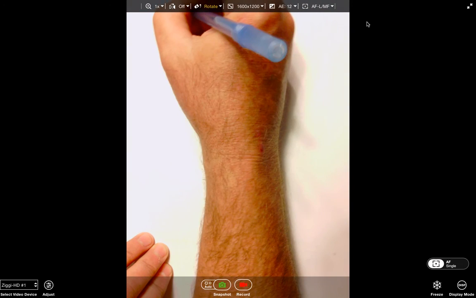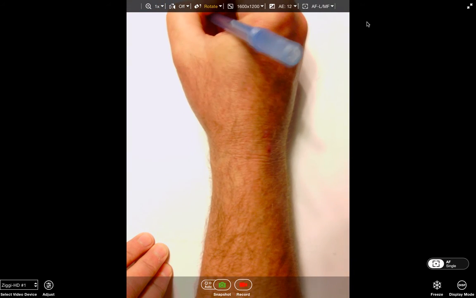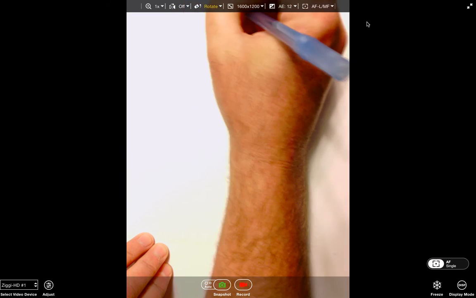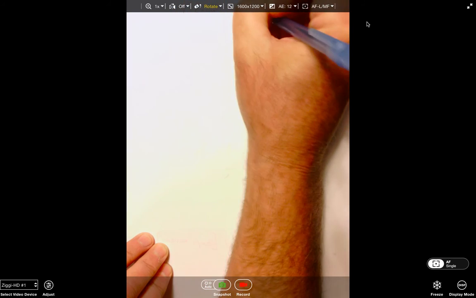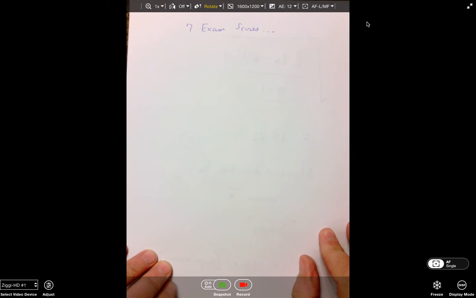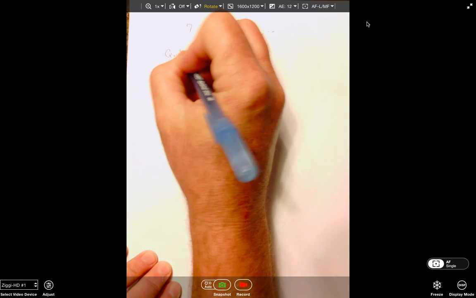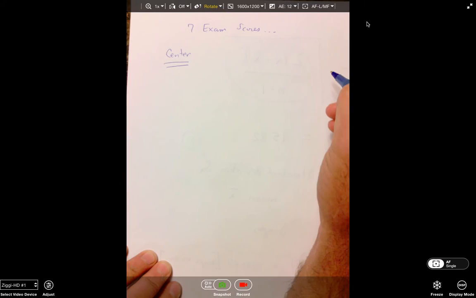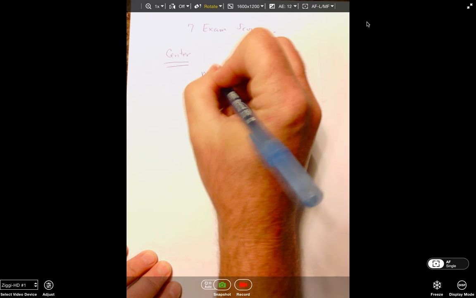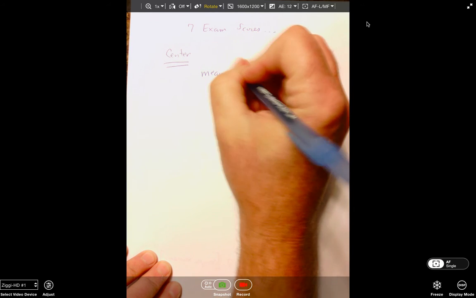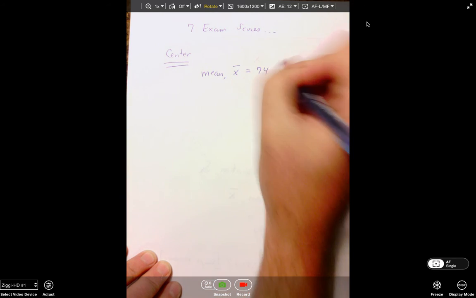So guys, let's talk a little bit about what we found here. Okay, we've got our 7 exam scores. And we wanted to find measures of center. We found that the mean x bar was 74.